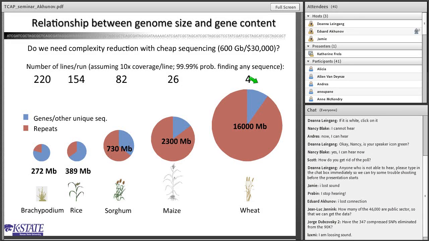Whereas if you move to wheat, the fraction of genic sequences relative to the total genome size is very small.